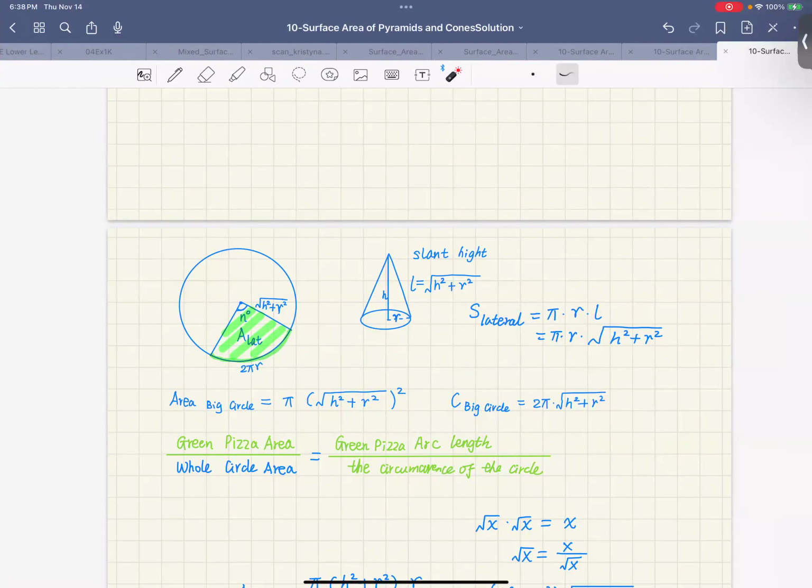We'll finish the area calculation. This kind of cone lateral surface area is really, really important.